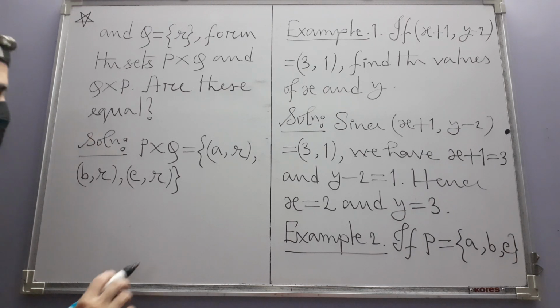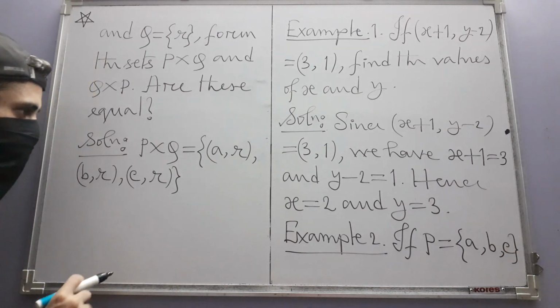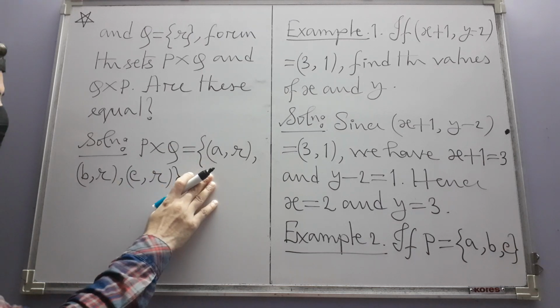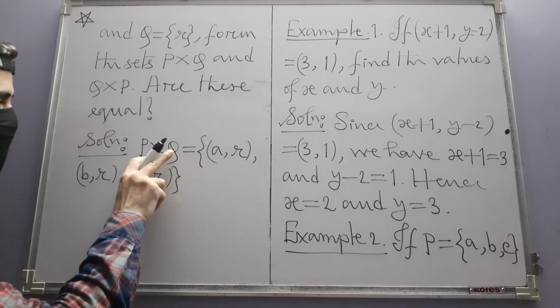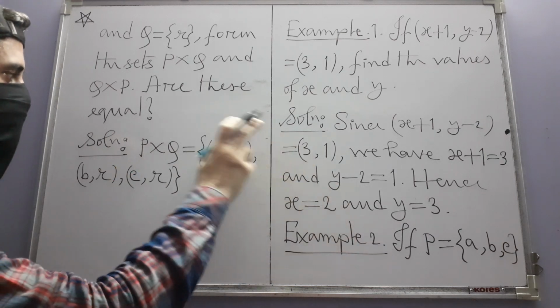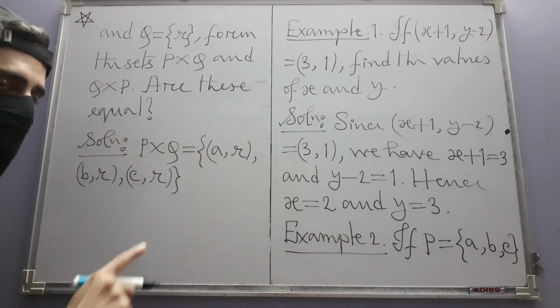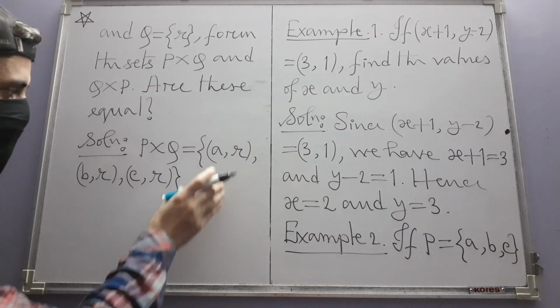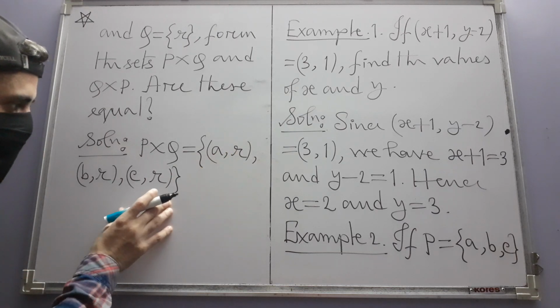That's it. And you may also verify that remark about the number of elements in P times Q. P has 3 elements, Q has only 1 element, and 3 times 1 is 3. So P times Q should have 3 elements. Yes.